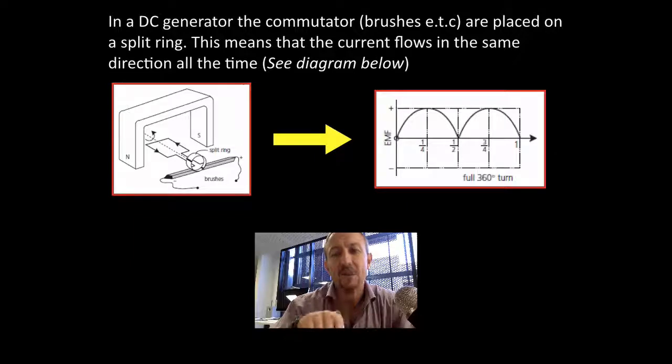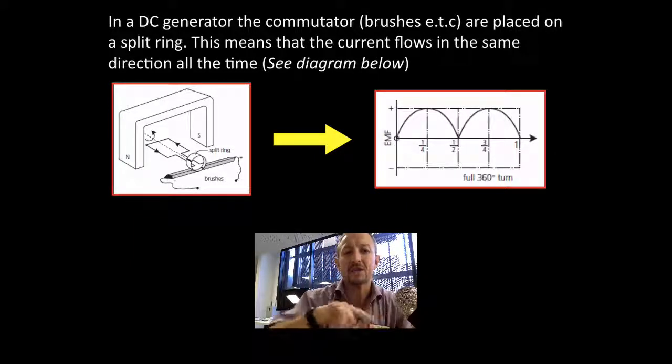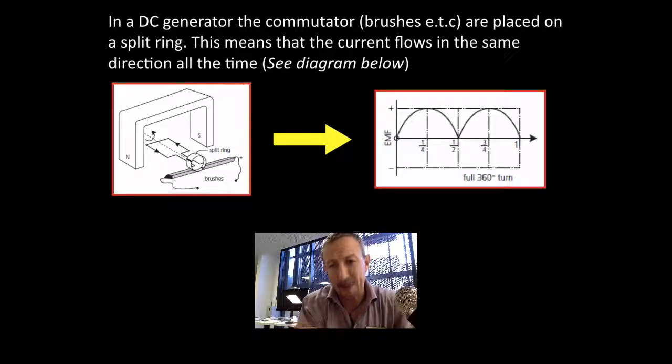Notice that everything is above the line, because as soon as it changes from maximum to zero and then goes back to maximum again, what's actually happening is that we are changing our polarity. So as a result, the terminals keep changing, so it continually shows the same curve. Everything is going in the same direction all the time.